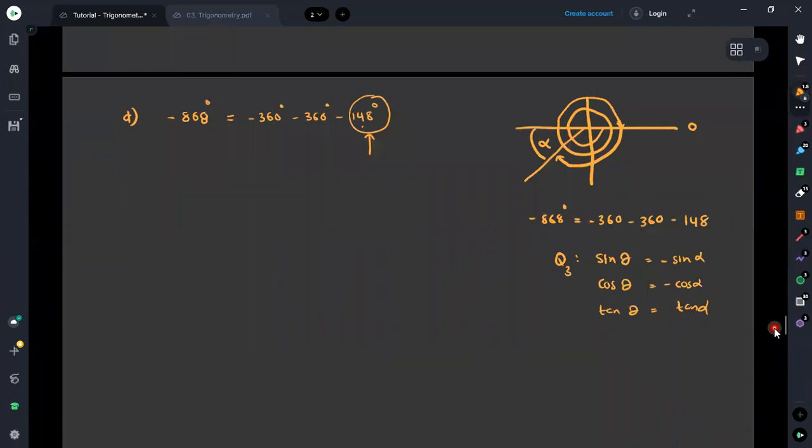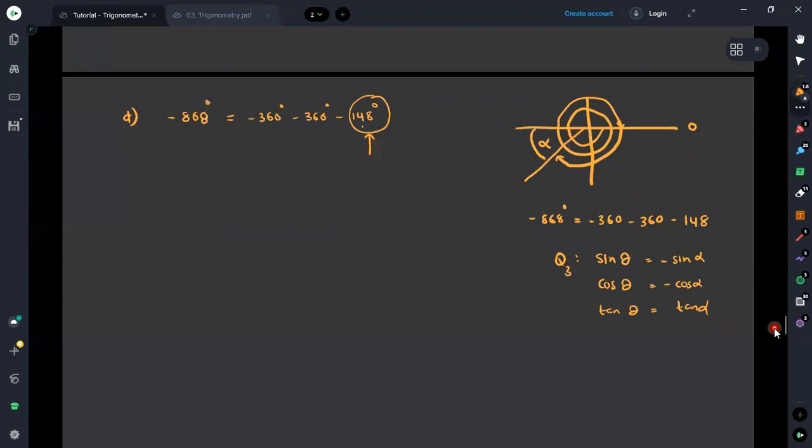Altogether we had 720, and what we were given was 868, so altogether we had minus 148. Therefore, alpha would be equal to 32 degrees.